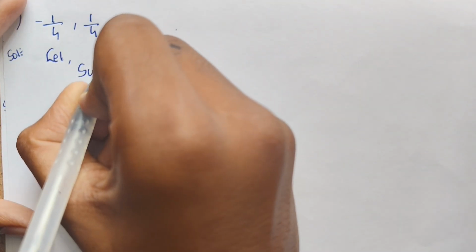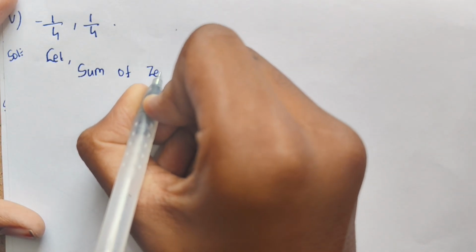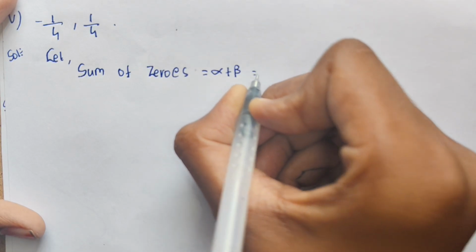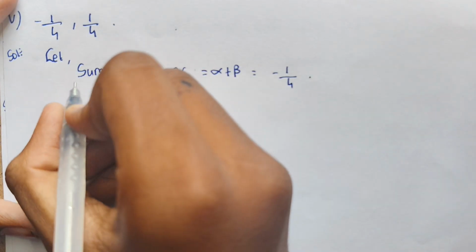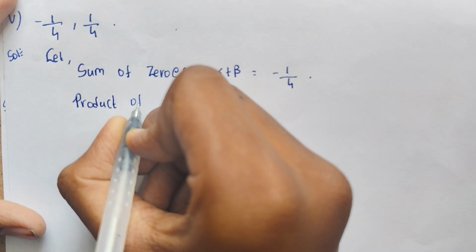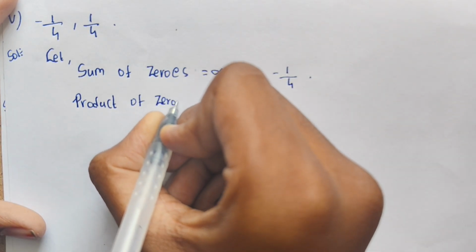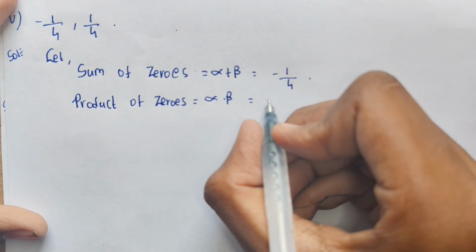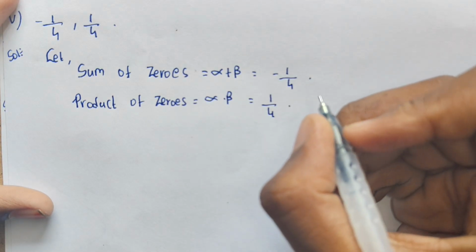Let me take sum of zeros equals to alpha plus beta. Alpha plus beta is minus 1 by 4 and product of zeros equals to alpha into beta is equals to plus 1 by 4.